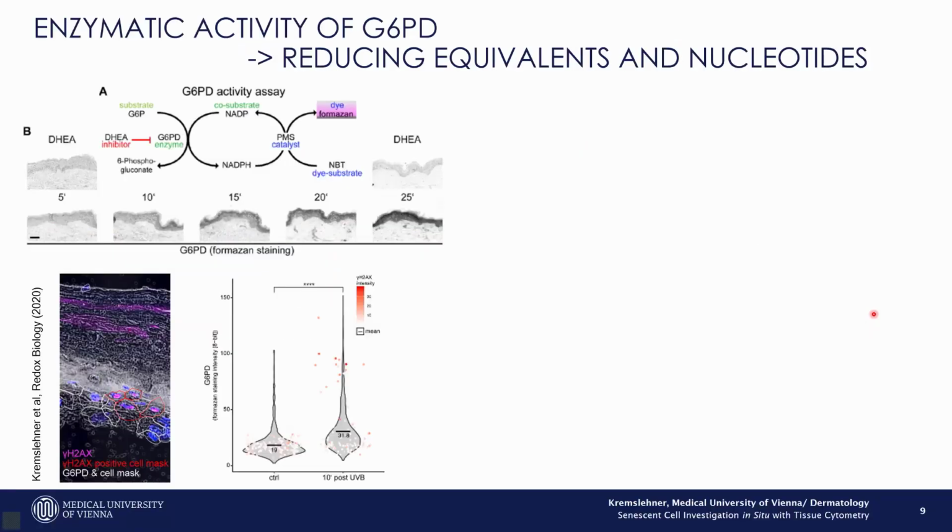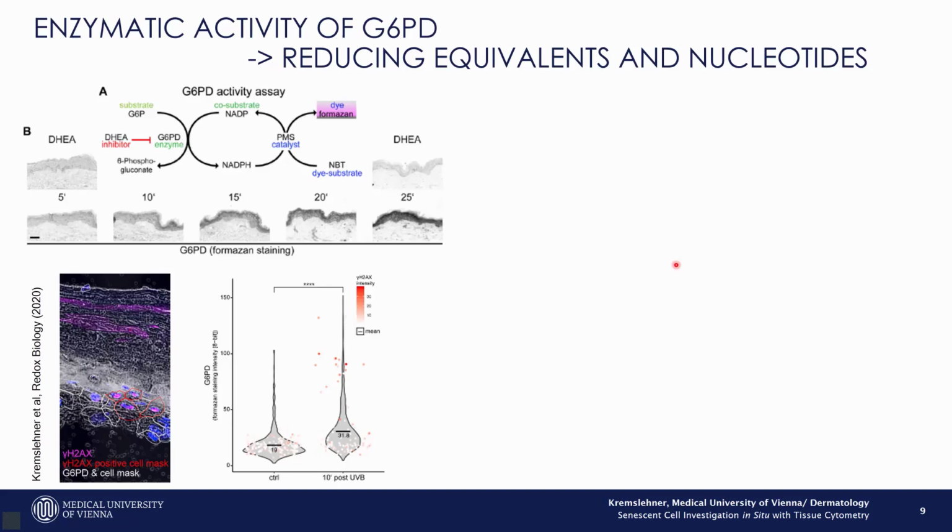So to determine the enzymatic activity, we use a formazan-based enzymatic activity assay that employs the tissue native dehydrogenases and reflects different metabolic pathways depending on which enzyme you utilize.